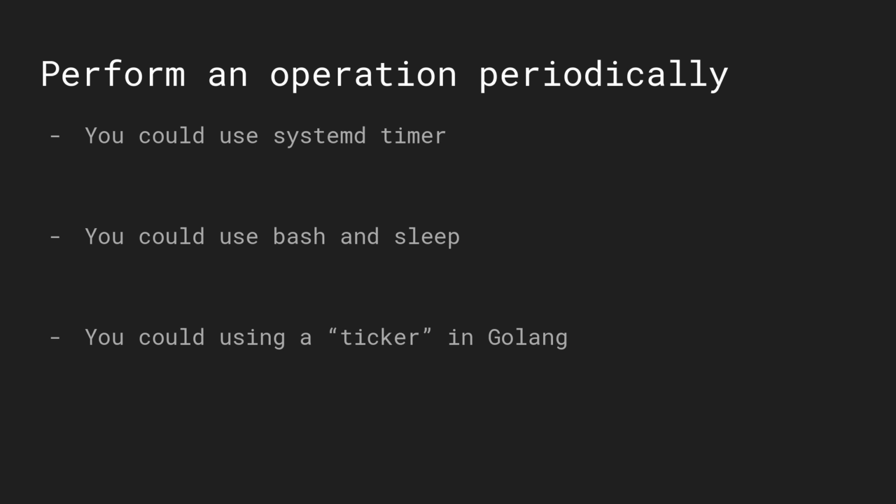Good. This is my fourth recipe, and this is way more complicated than the others. But what I want to illustrate here is how you can use Golang to perform an operation periodically.